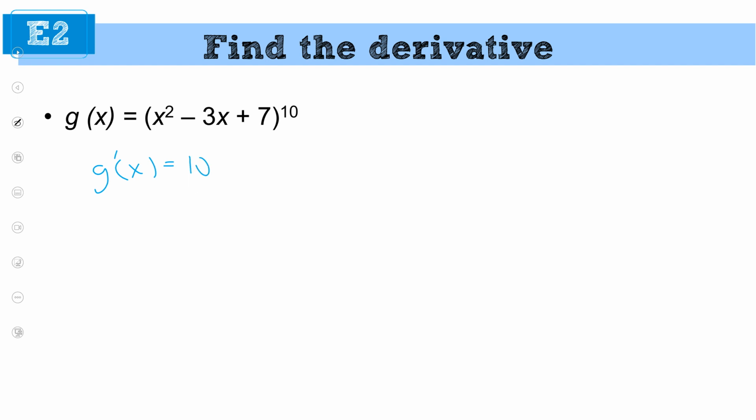Bring the exponent down and raise it to the 9th power. Okay, so what is that something? Well, that something is this other function that we haven't touched yet. And then the chain rule says, multiply that by the derivative of the gunk inside.